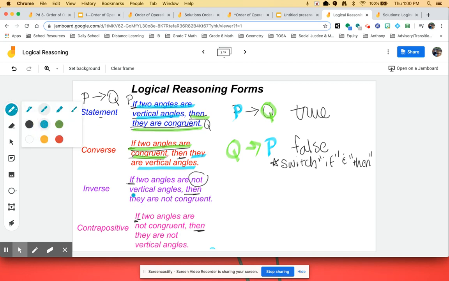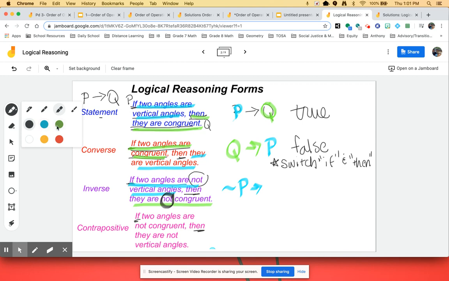Since it has that, I'm going to underline it with blue because it's still that P statement, but they've negated the P statement. The way that we represent that is one single squiggle: not P, then they are not congruent. See, we've got that not there again.